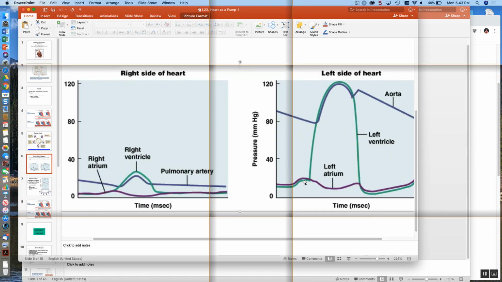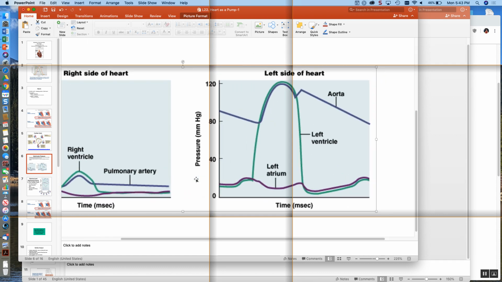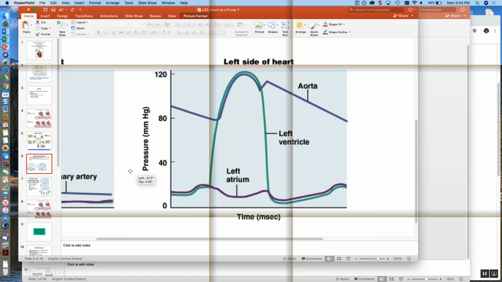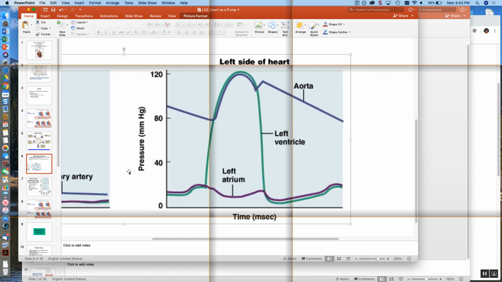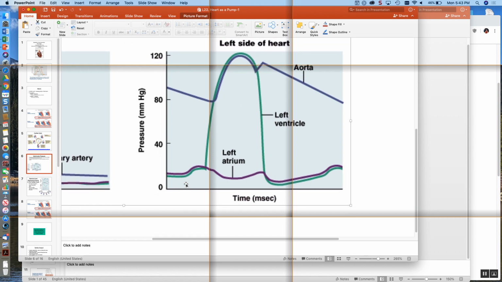All right, so we're going to concentrate on the left side of the heart. And we're going to go through the cardiac cycle. All right, so with passive filling, basically you're just getting blood that's flowing from the atrium into the ventricles, right?